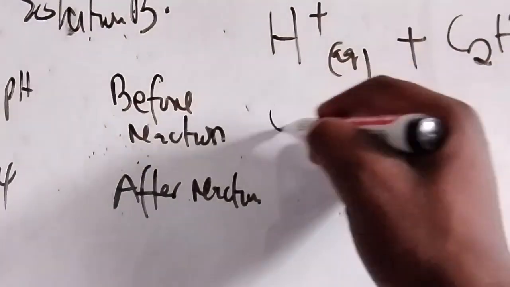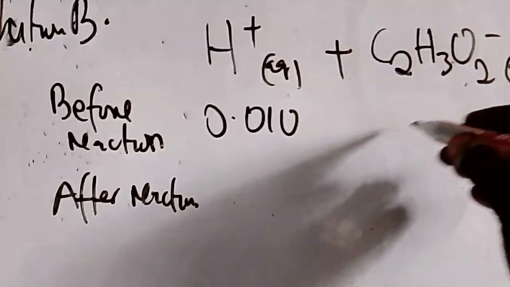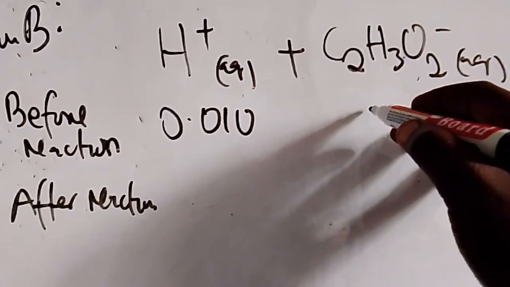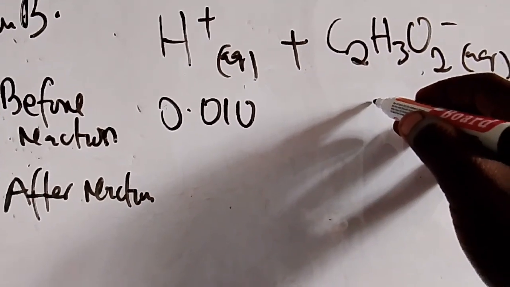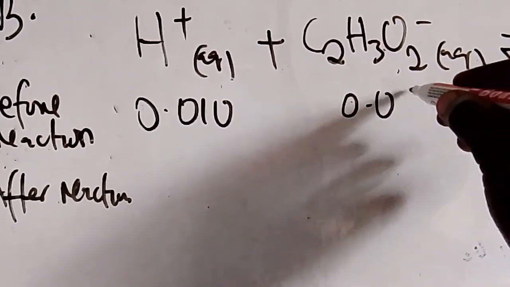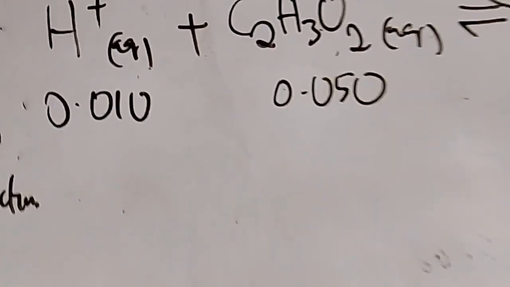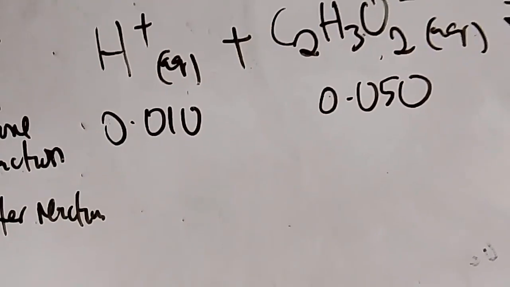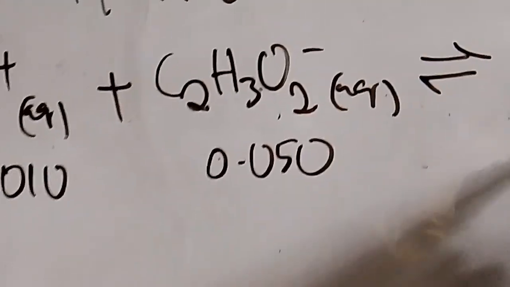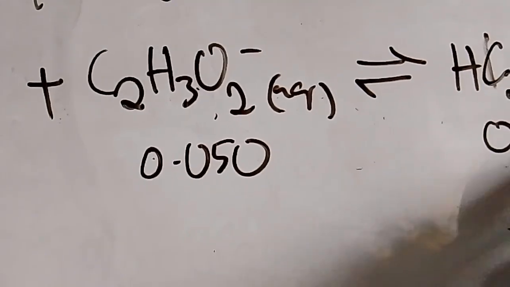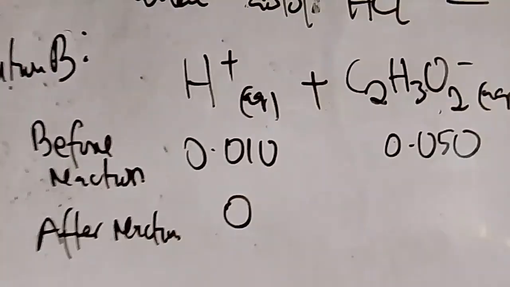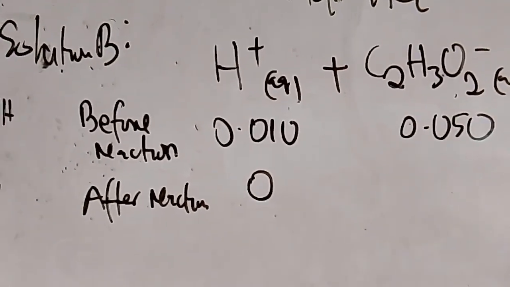Okay, so the moles added is 0.01. Then the concentration of the base is 0.050. Then the concentration of the acid, which is the same, 0.050. Okay, so this will be consumed, 0 will remain.